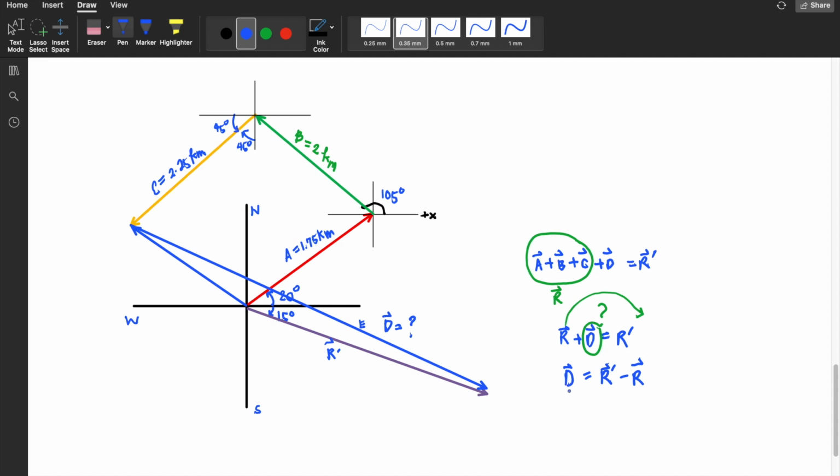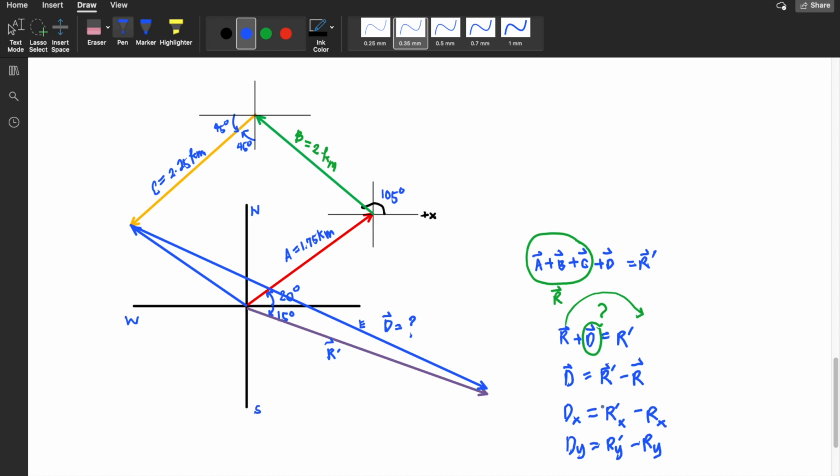How do we look for its components? You'll have dx equal to Rx prime minus Rx, and for dy, you look for Ry prime minus Ry. Take note, we already have the values for R: Rx is negative 0.47, and Ry is 0.94.